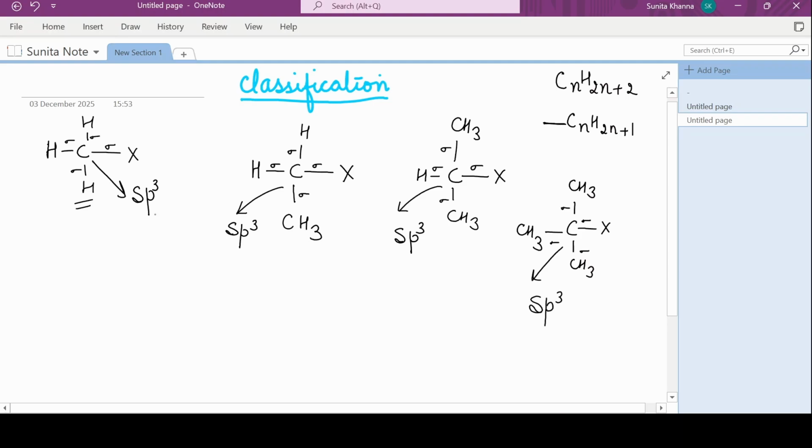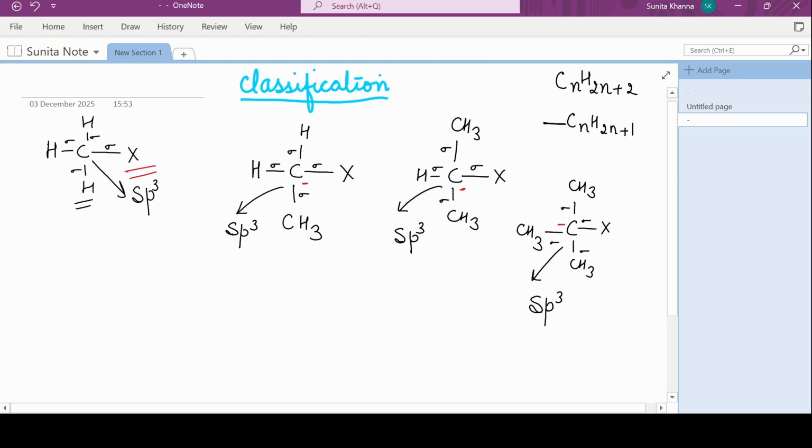So all these examples which I have written, methyl chloride, ethyl chloride, propyl chloride, and butyl chloride, all these are common names, children. In all these 4 examples, the halogen atom is attached to an sp3 hybridized carbon atom. But yet there is a difference.